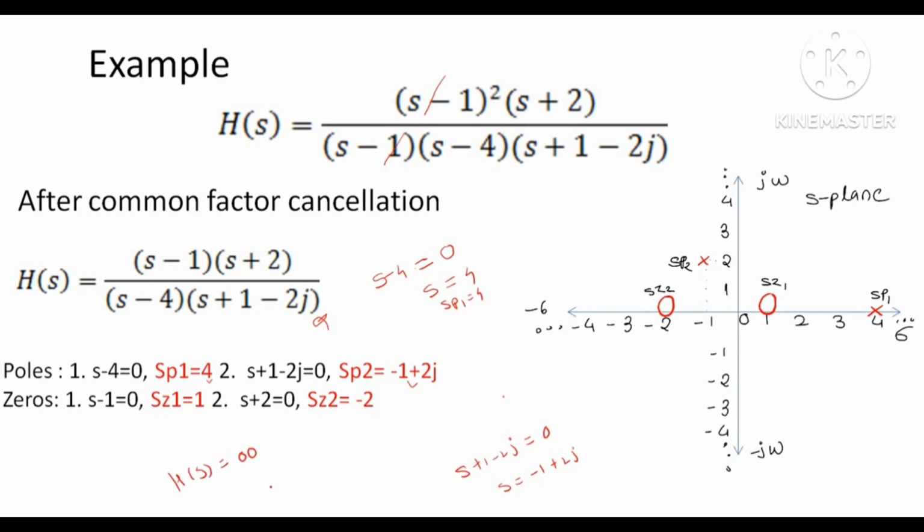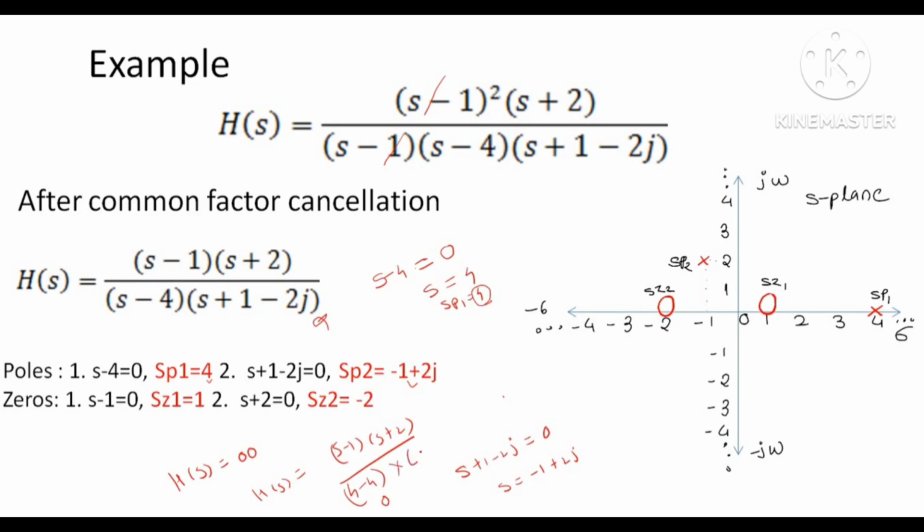Now how is this H(s)? So here (s minus 1)(s plus 2) divided by, at the pole, that means if you put s equal to 4, then 4 minus 4 becomes 0.